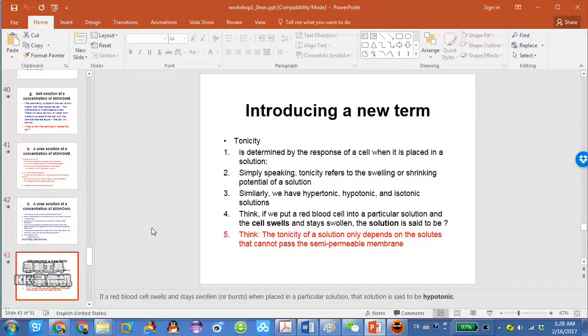The most important thing for tonicity is that it is not related to osmosis or diffusion alone. It's only related to the combination of these two processes. It's only related to the ending cell volume change of a cell when it's put into a certain outside solution.